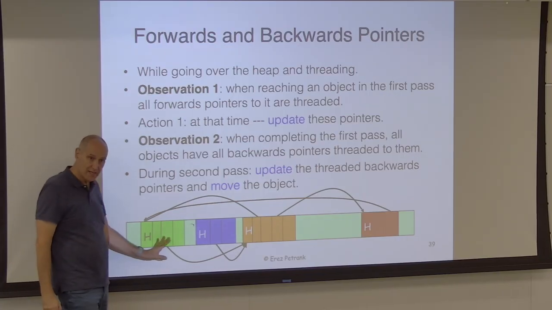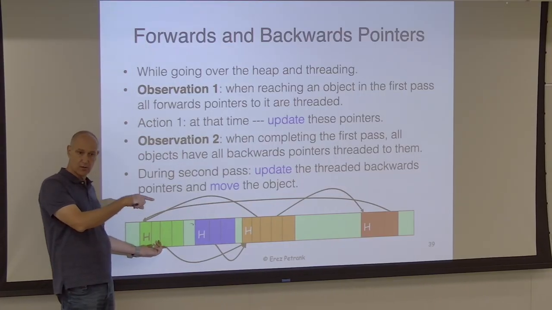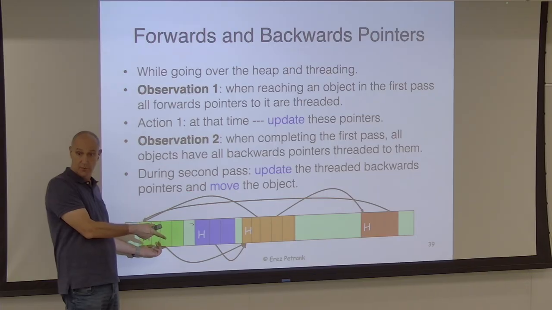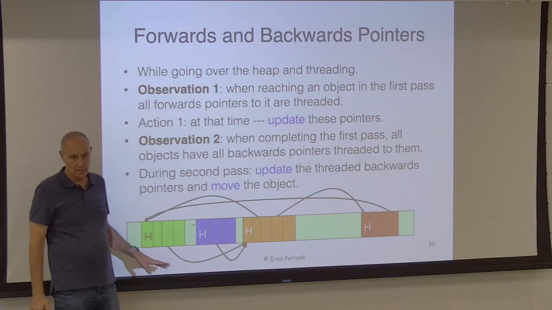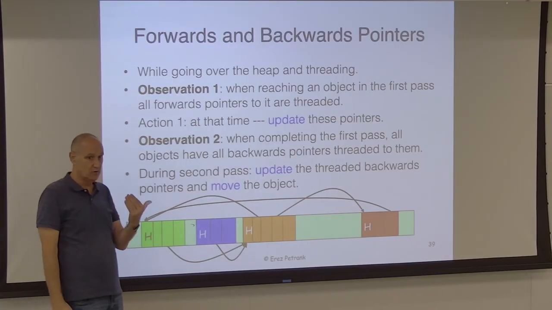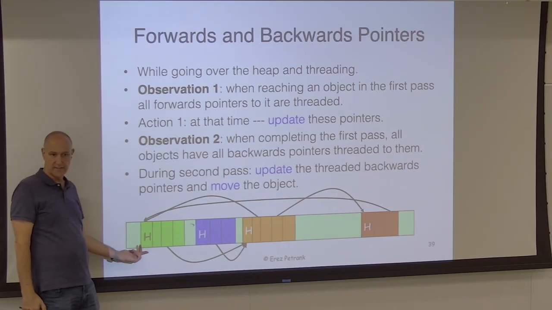Now I do the second pass and I just see an object. I go and fix all the pointers that are threaded to it. And these are all the backwards pointers that are threaded to it. And then I move the object. And I'll have to show you that when I move it, I don't destroy any lists, since it is not involved in any list.